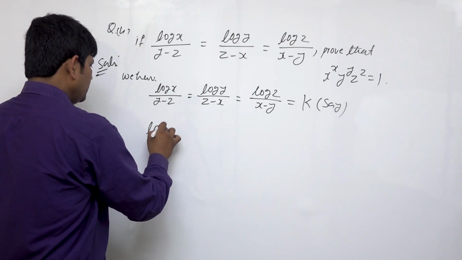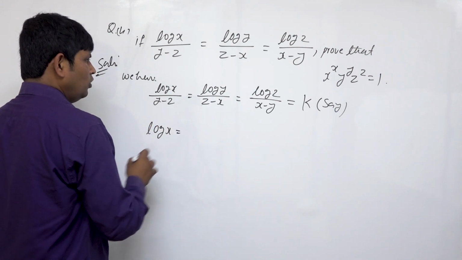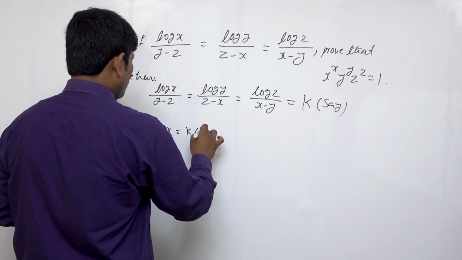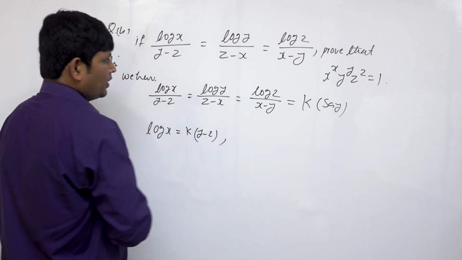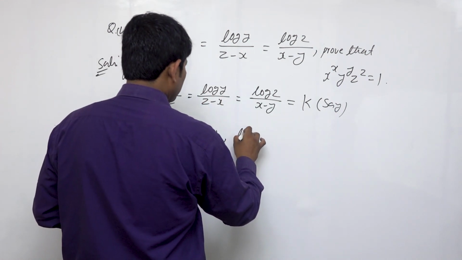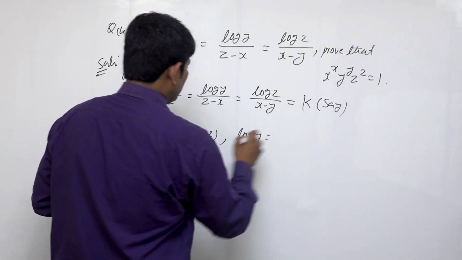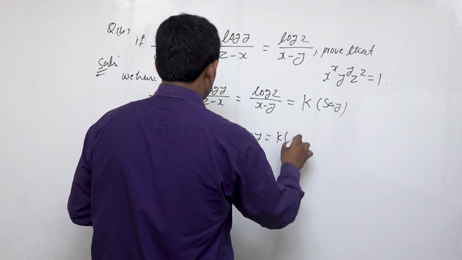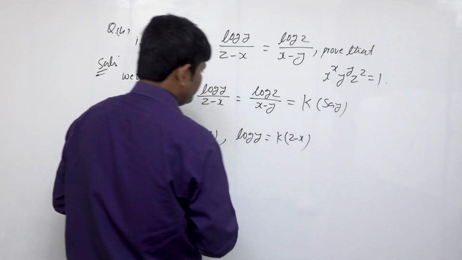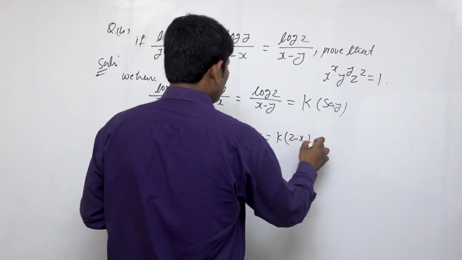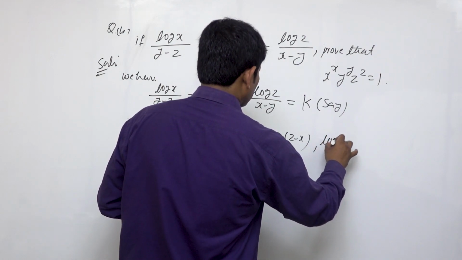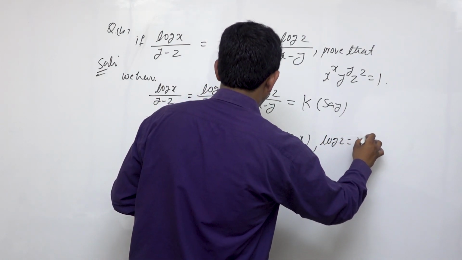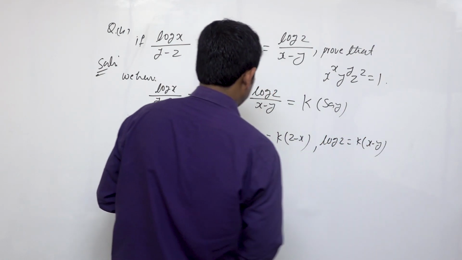Then log x is equal to k times y minus z. What is the value of log y? Log y is equal to k times z minus x. What is the value of log z? Log z is equal to k times x minus y.